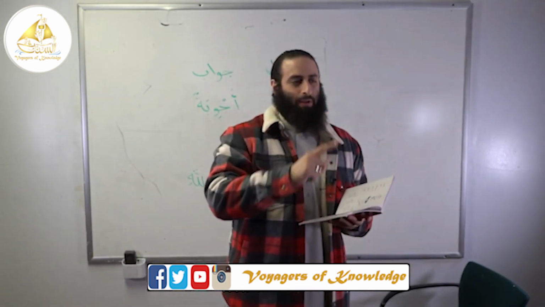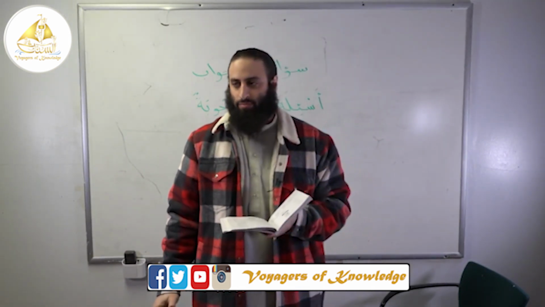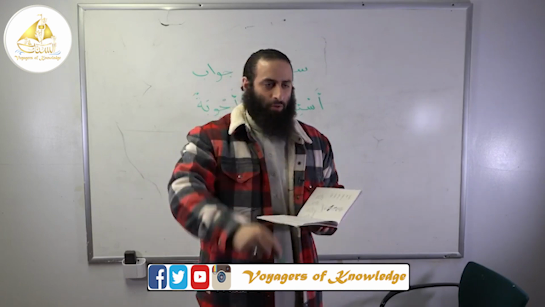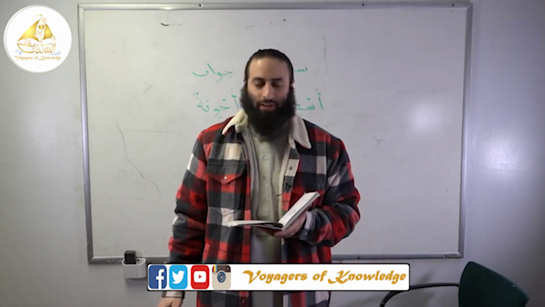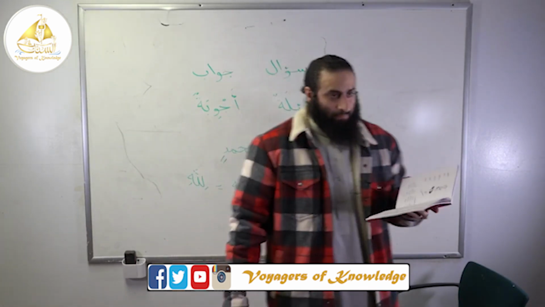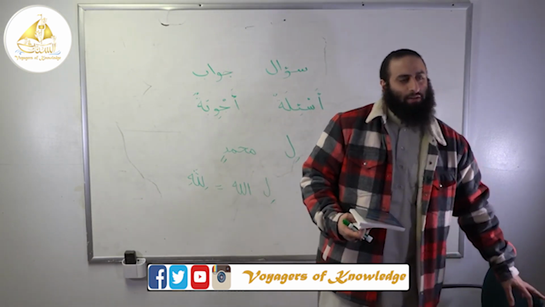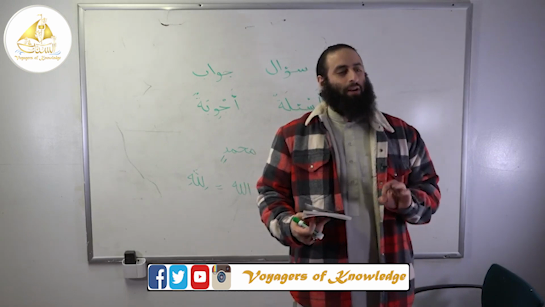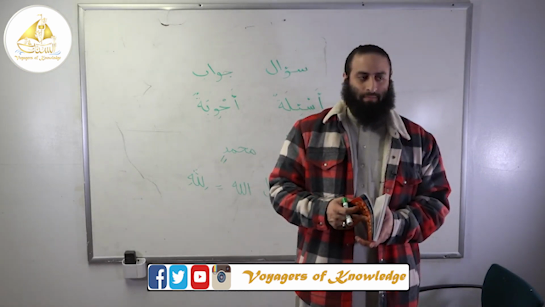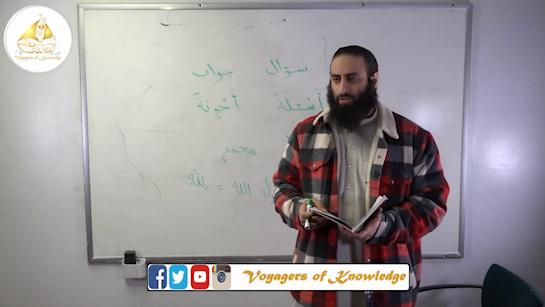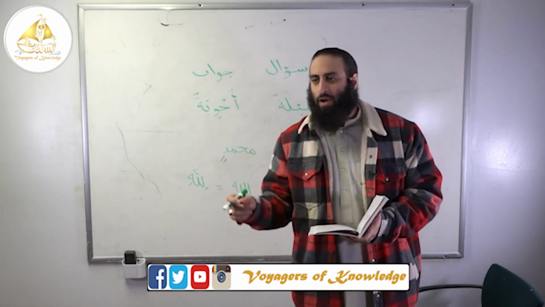What is that in Arabic? قلم. So now what are you going to say? Whose pen is this? How do you say it? لمن هذا قلم. All right, let's slow down with the تعريف and تنكير. لمن هذا القلم. Very good.